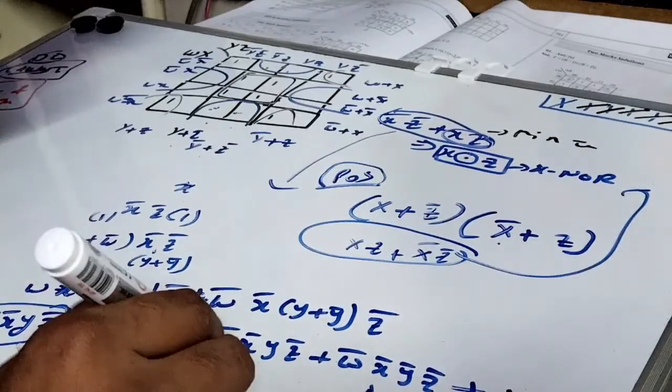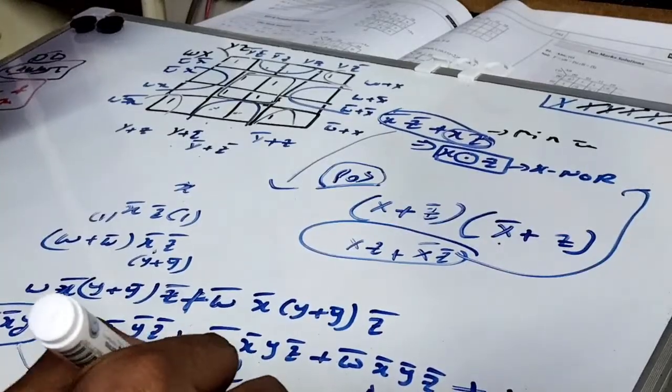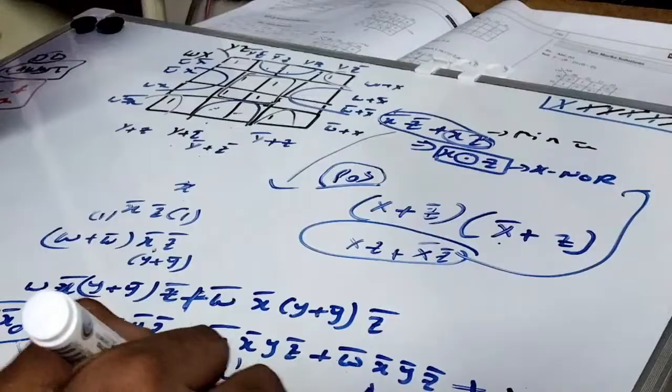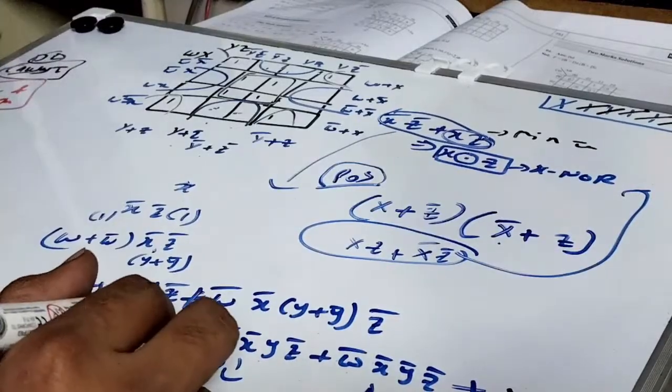Let's measure this. Actually W W bar is 1. W plus W bar becomes 1.